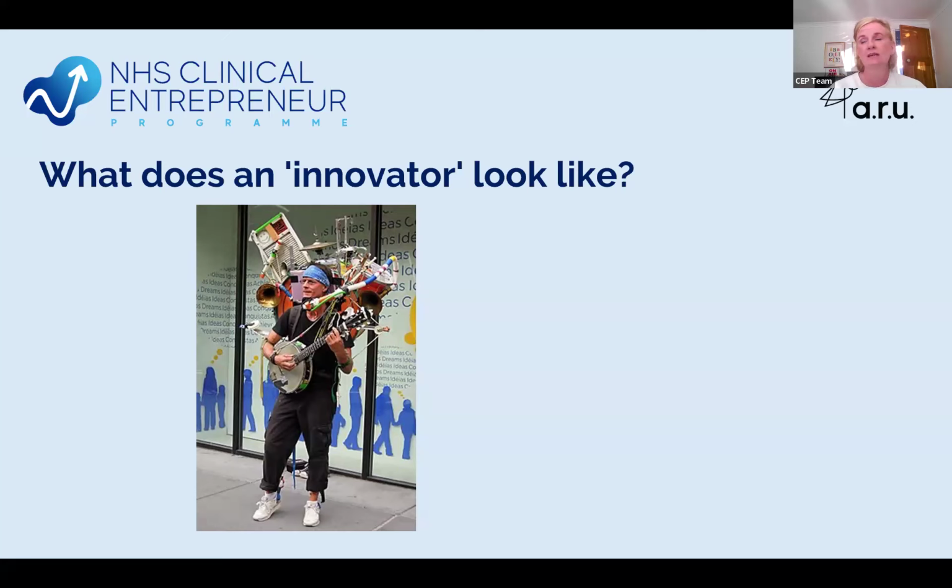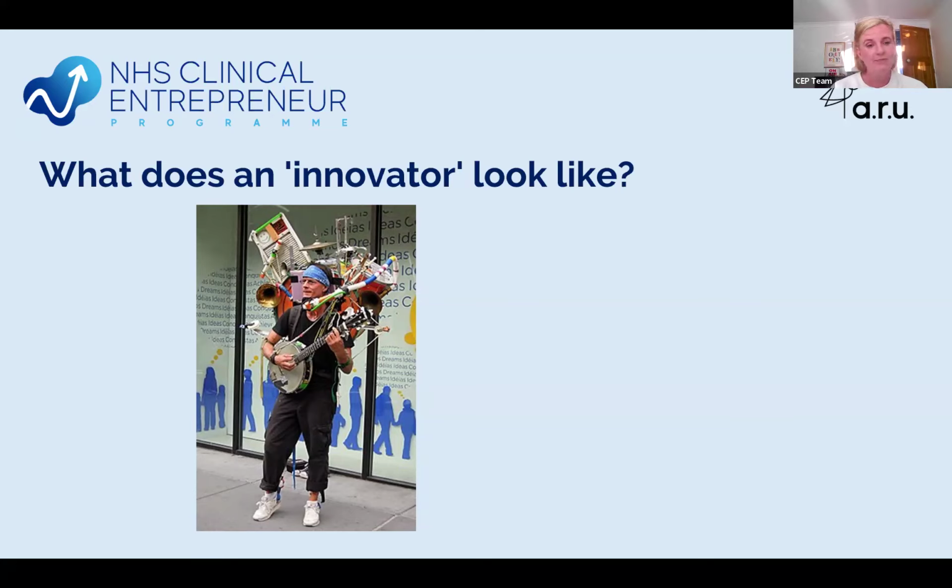It might also teach you how to run a project. You need to know about marketing and comms. There's so many different skills that innovators will pick up and learn along the way, from contacts, from their networks. Someone's just put in the chat how to write a business plan. So all of these skills are relevant in the workplace as well as in the startup world.